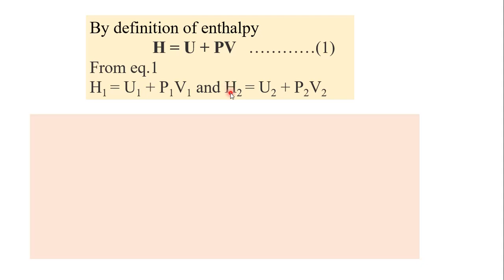And H2 is equal to U2 plus P2 V2, where U2 means the internal energy of the final state, V2 means the volume of the final state, and P2 means the pressure of the final state. So H1 is equal to U1 plus P1 V1 and H2 is equal to U2 plus P2 V2 according to the definition of enthalpy.